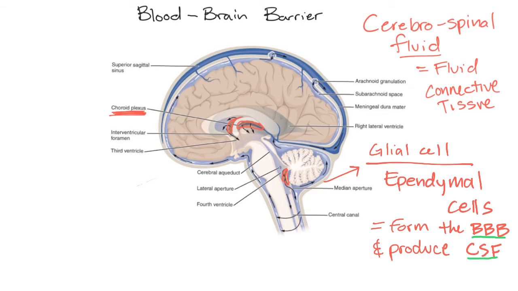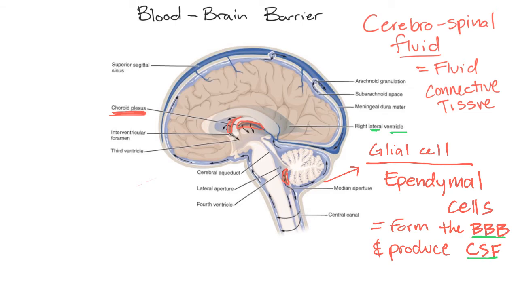And you don't have to know everything in this figure. I just wanted to illustrate how the cerebrospinal fluid flows, as the arrows show. It comes out of the choroid plexus underneath the corpus callosum into what's called the lateral ventricle. It's a big space filled with cerebrospinal fluid.